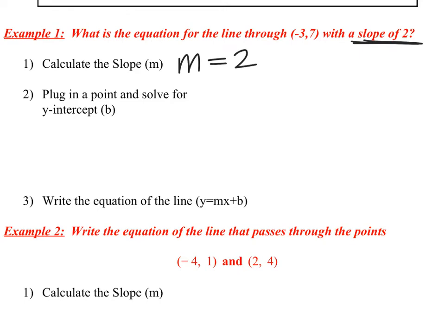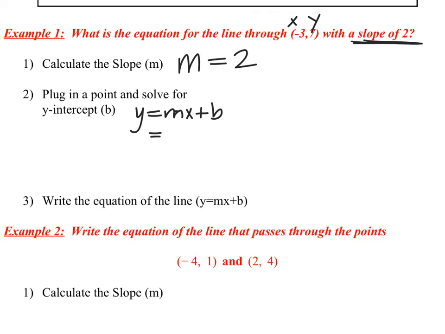Now you're trying to write the equation in y equals mx plus b, so you are going to plug in a point. Right here you have a point, -3, 7. -3 is x and 7 is y. So if I take y equals mx plus b, since I know that x is -3, I'm going to put that in the x spot, and since I know 7 is y, I'm going to put that in the y spot.